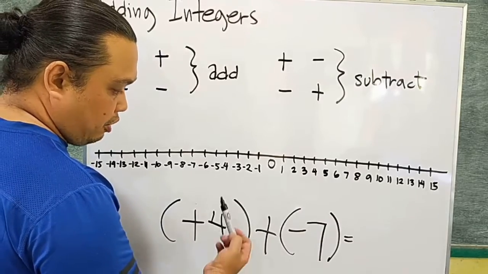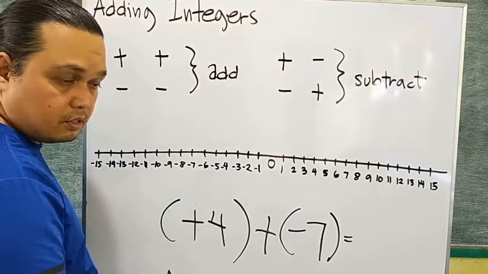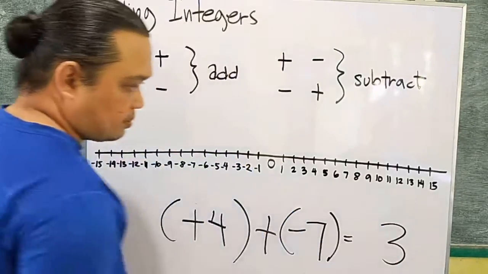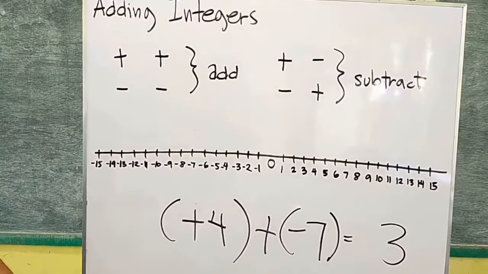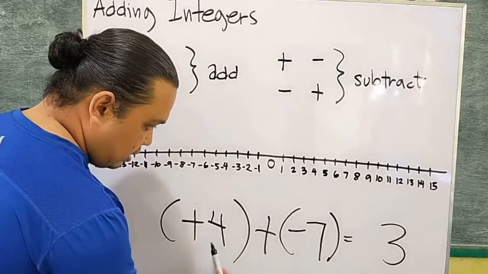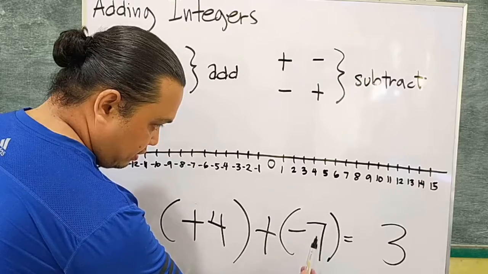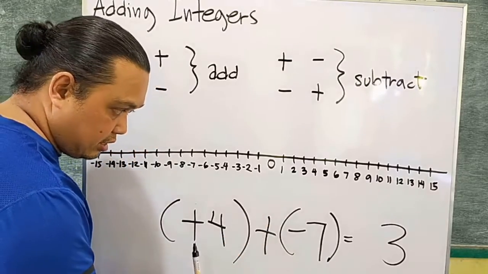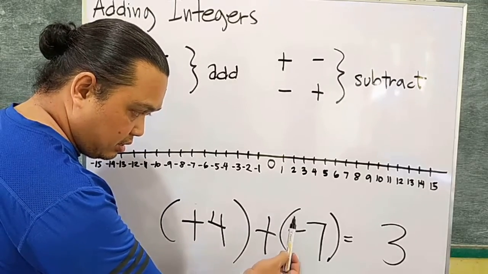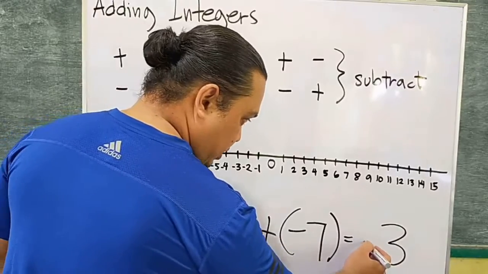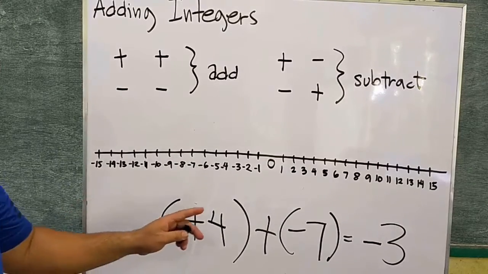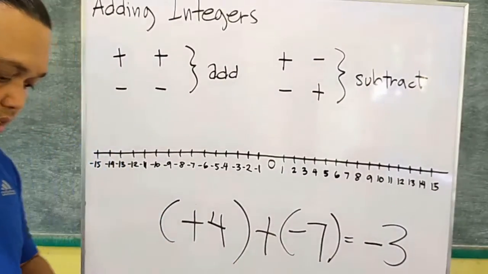So we are going to subtract 4 from 7. 7 minus 4 is 3. And copy the sign of the number that has the greater value. Between the two, 7 has the greater value, and its sign is negative. So we need to copy its sign. Therefore, 3 here will be negative. So, positive 4 plus negative 7 is equal to negative 3.